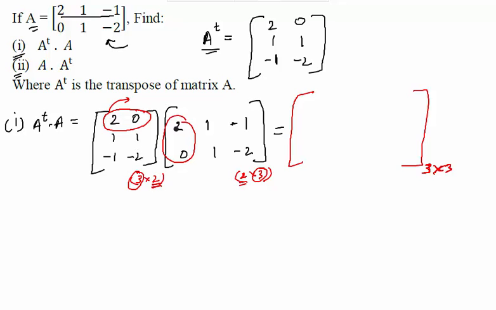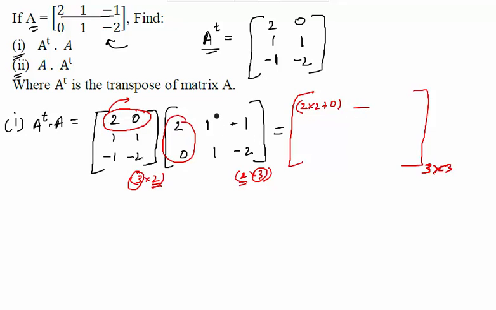So 2 will correspond with 2 and 0 will correspond with 0. So what will be your result? Your result will be 2 into 2 plus 0 into 0, which is 4. This should be at the first row, first column position, right? Let us find the element of first row, second column.